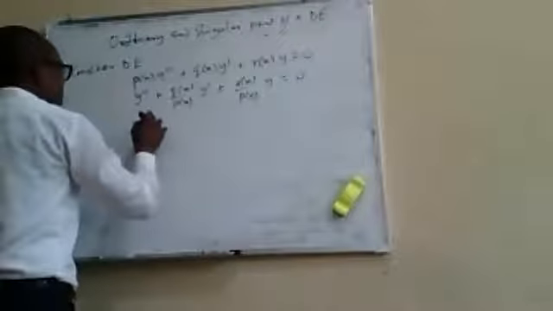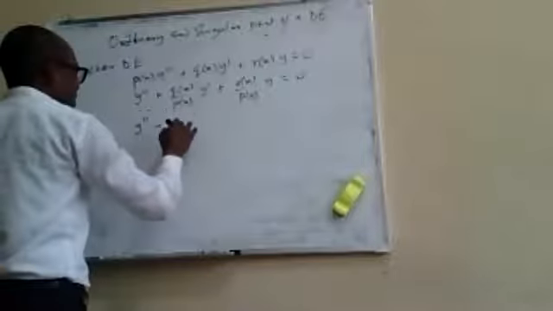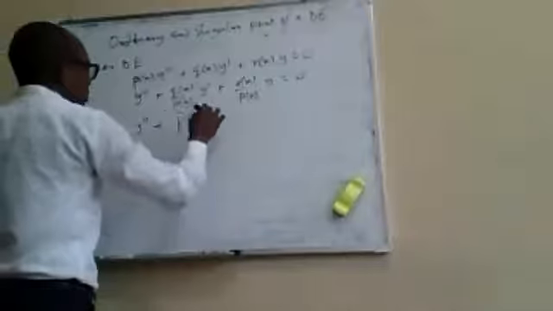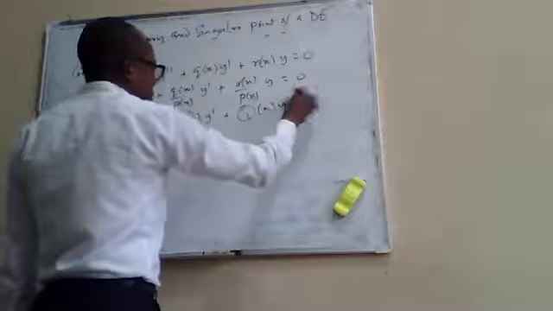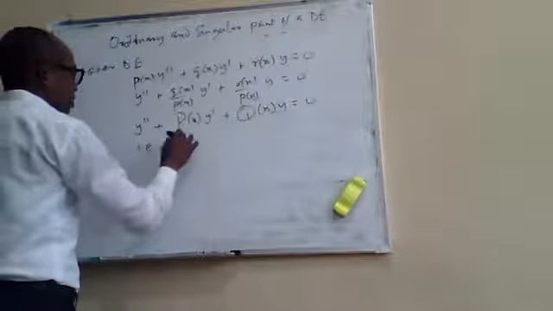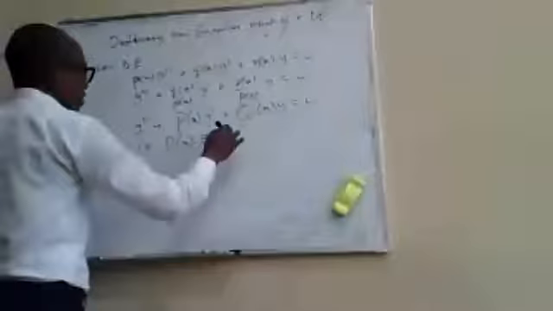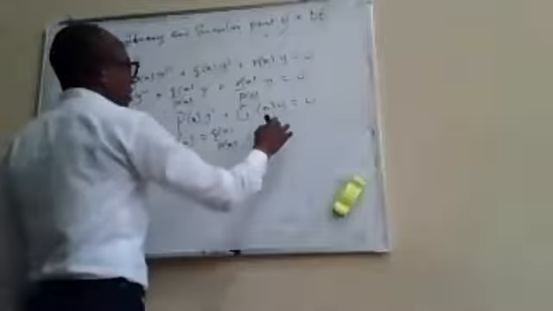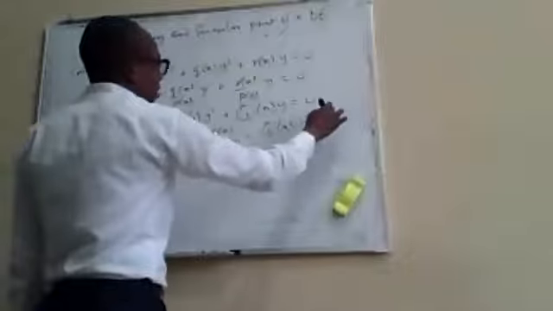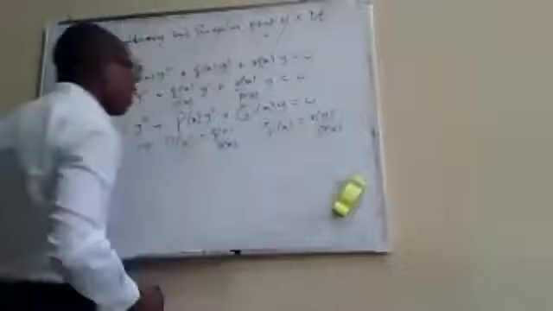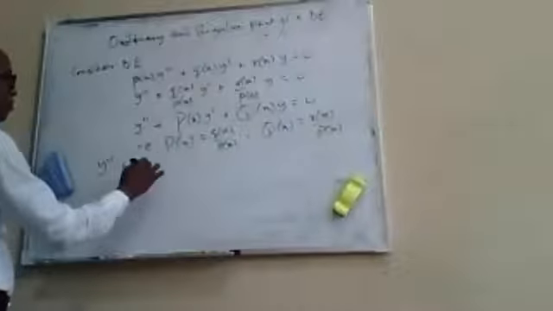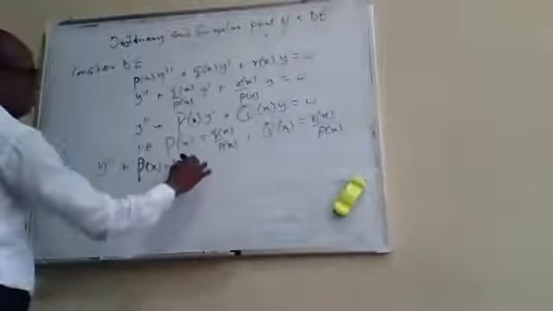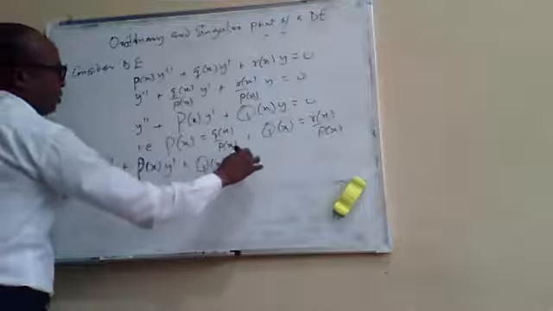So this can be written as y prime prime plus capital P of S y prime plus Q of S y equal to 0.